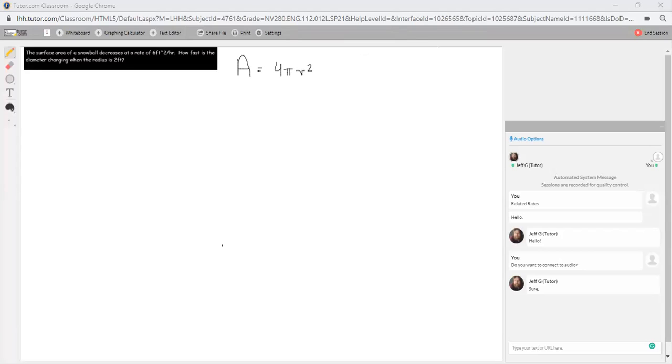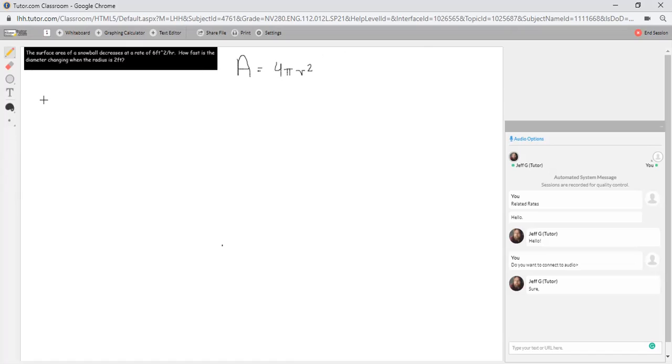So let me just go ahead and go through what I thought for this problem here. On first glance, it's definitely related rates. It's saying that the surface area of a snowball decreases at a rate of 6 feet squared per hour.